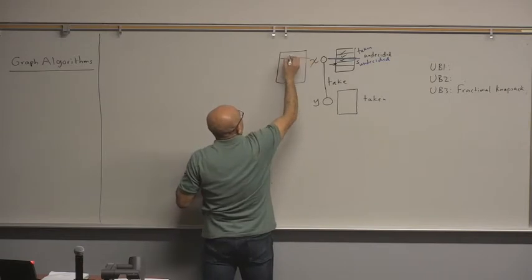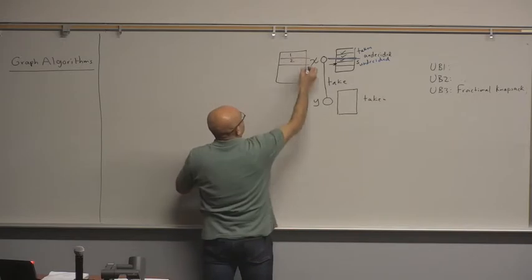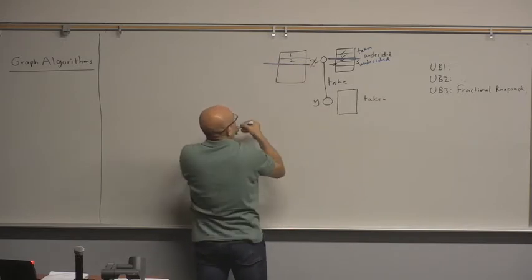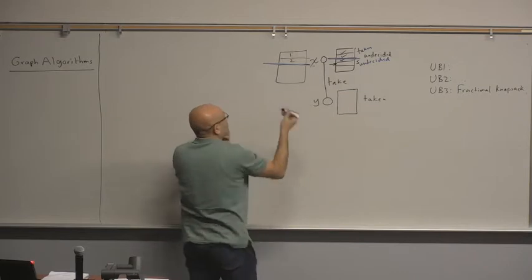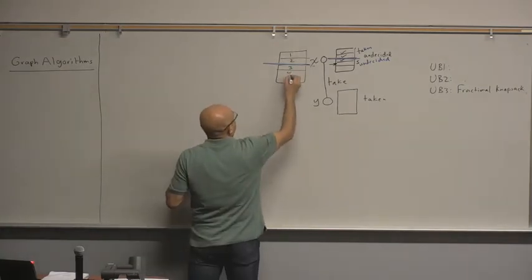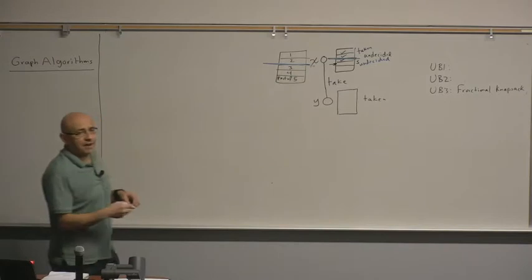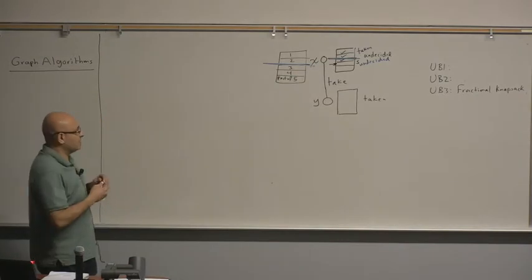Item 1, item 2, and then the rest of the items are undecided. And out of the undecided items, we decided to take items 3, 4, and part of 5. This is an example of a fractional solution.